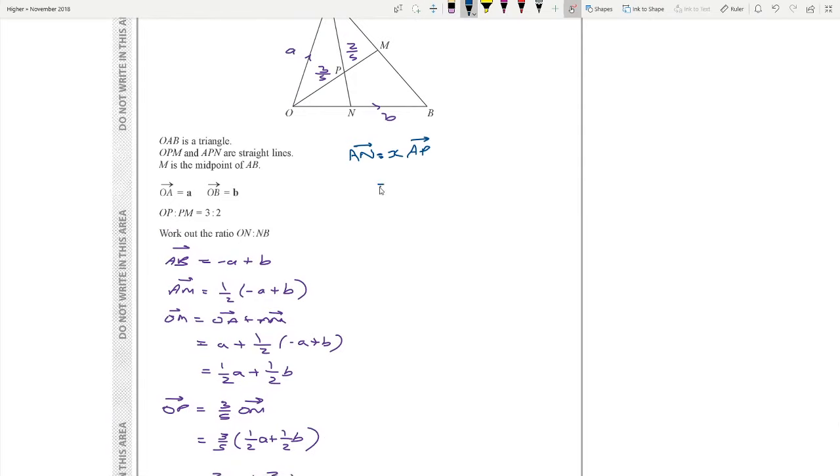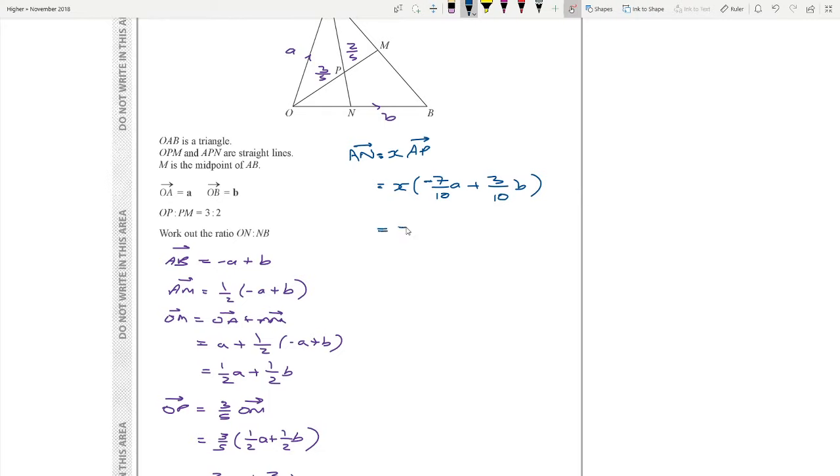So I can write that like this. So X multiplied by the vector AP, which was minus 7/10 of A add 3/10 of B. Okay, let's expand that bracket.